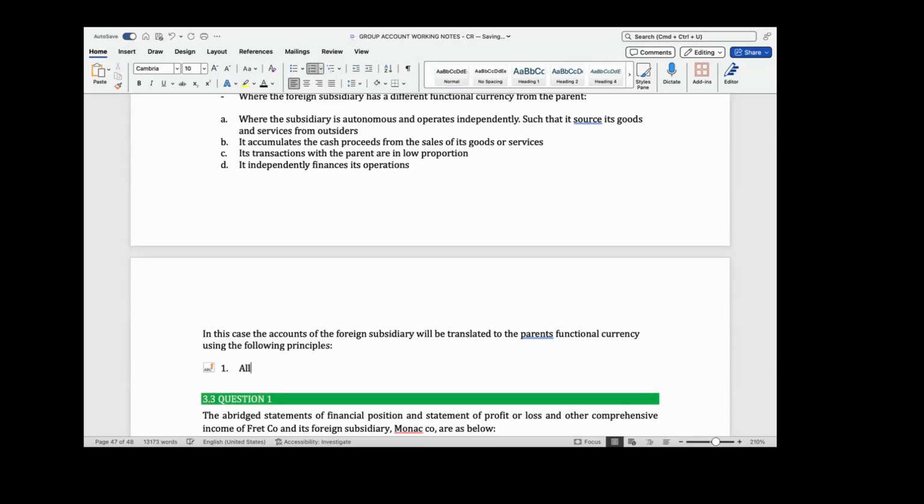Number one, all assets and liabilities are translated at the closing rates.